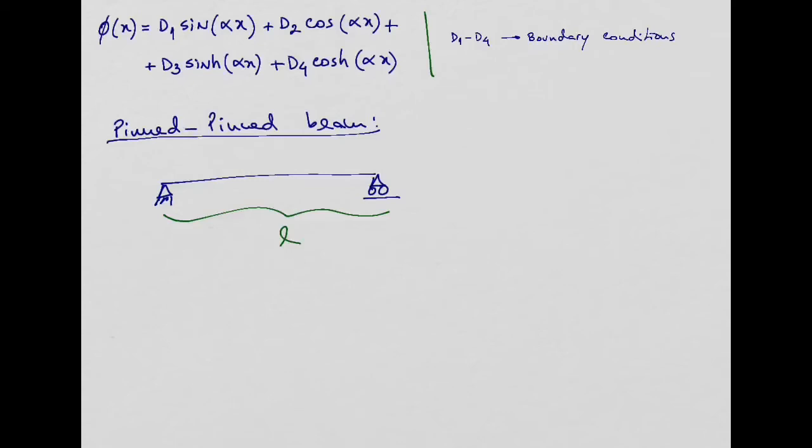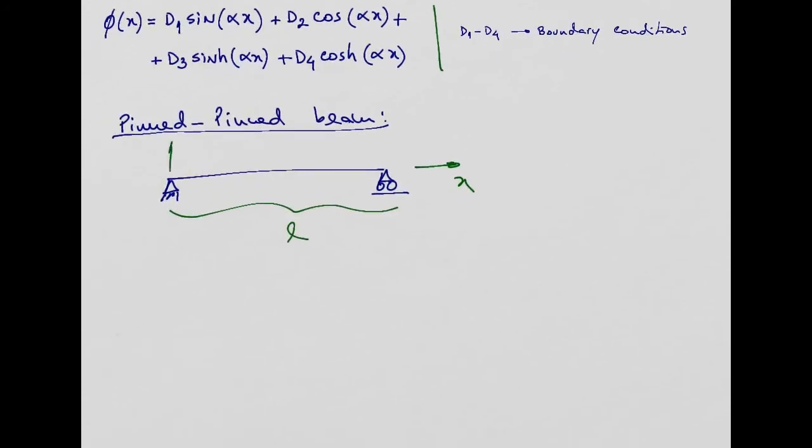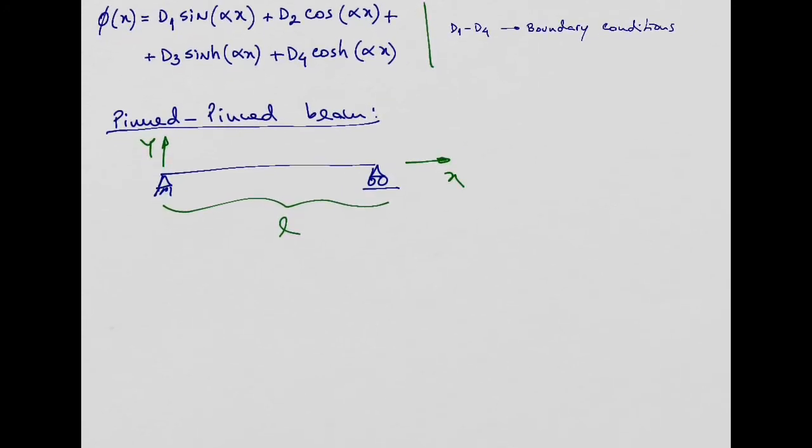So we will have this. Let's say this is my longitudinal direction, x. My y-axis is here of my beam. So for x equal to 0, my boundary conditions will be something like this.